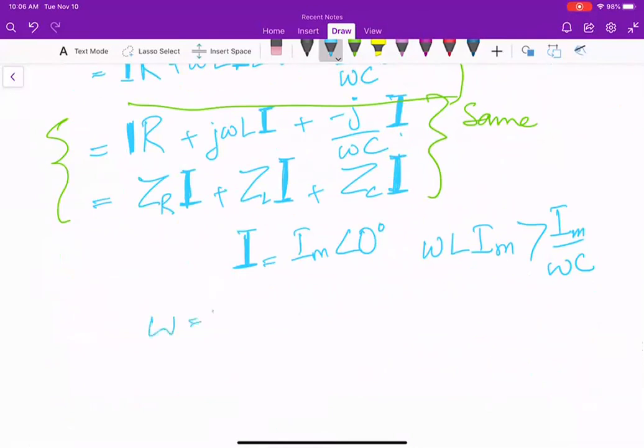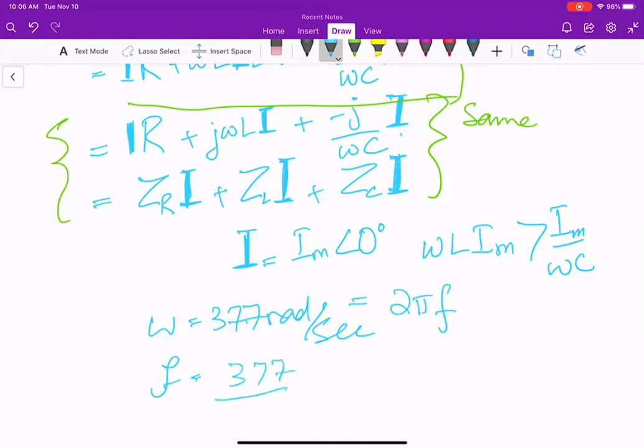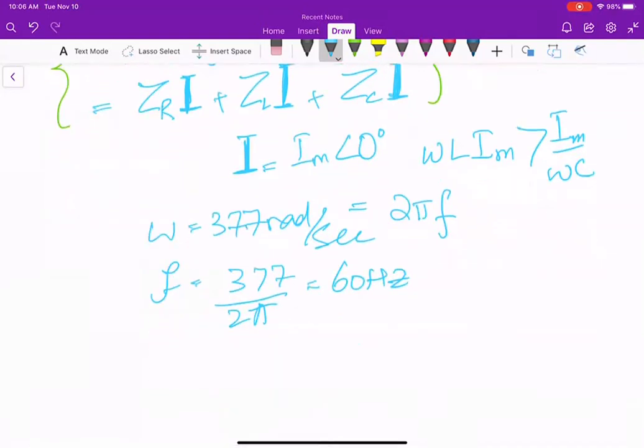The frequency is 377 radian per second, which means 2 pi f. So 377 by 2 pi will give you f, which is 60 hertz. So you can find omega L, which is 6, and 1 over omega C is 2.